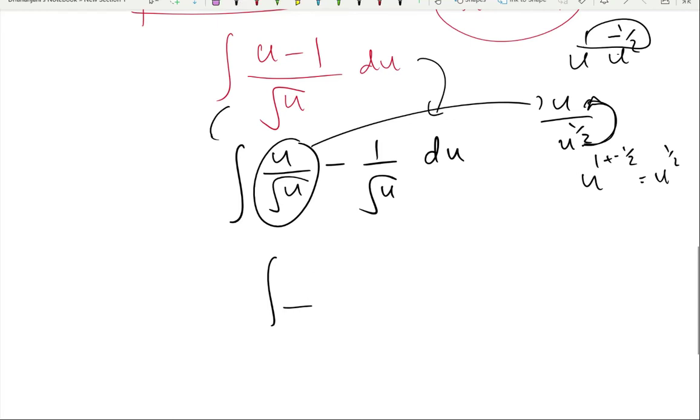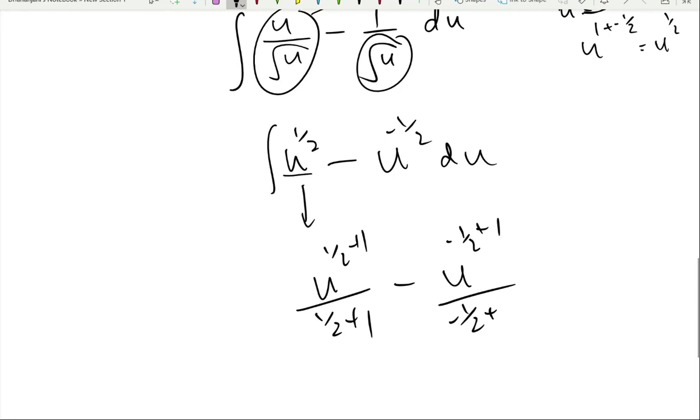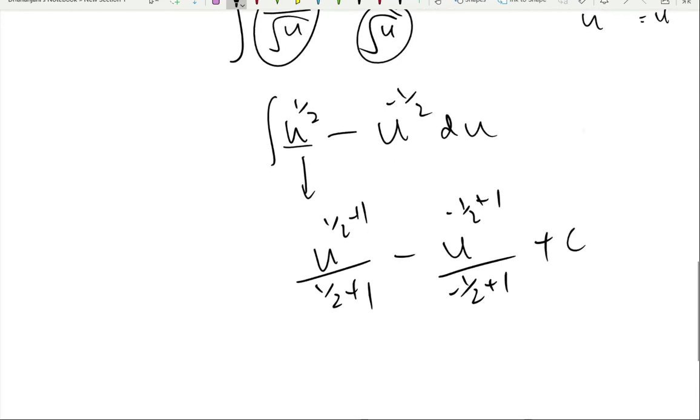So let's write it as u to the half. And here, 1 over u to the half, take it to the numerator, so it's u to the negative half. Now if you integrate with respect to u, this becomes u to the half plus 1 divided by half plus 1, minus u to the negative half plus 1 divided by negative half plus 1, plus arbitrary constant c.